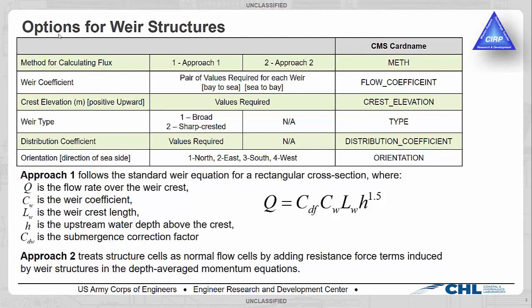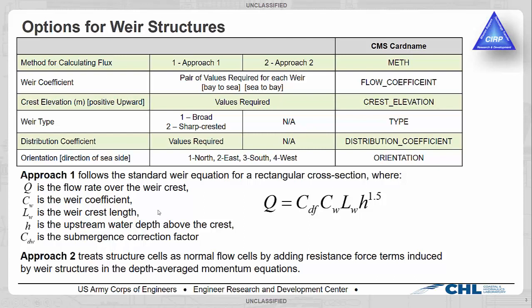The first one is a method for calculating the flux, and there are 2 approaches. Approach 1 requires pretty much all of the various parameters and information. Approach 2 neglects 2 of these, so you don't have to worry about setting those 2 cards up when we get to that point.